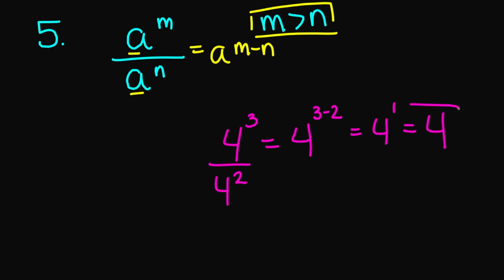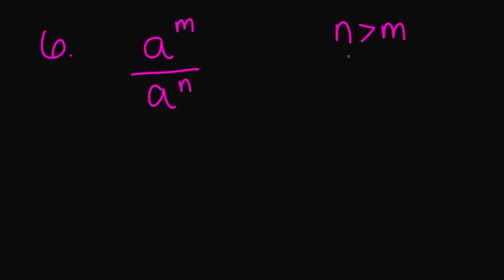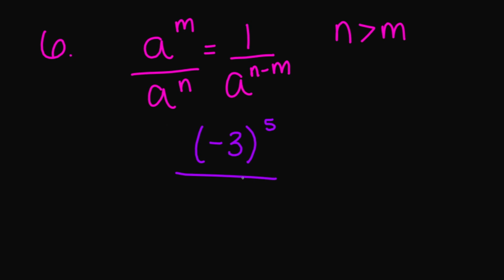Now let's look at law number 6. So what happens if the exponent in the denominator is greater than the exponent in the numerator? Then you're going to get 1 over a to the n minus m. So for an example, let's say we had negative 3 to the 5th power over negative 3 to the 8th power.